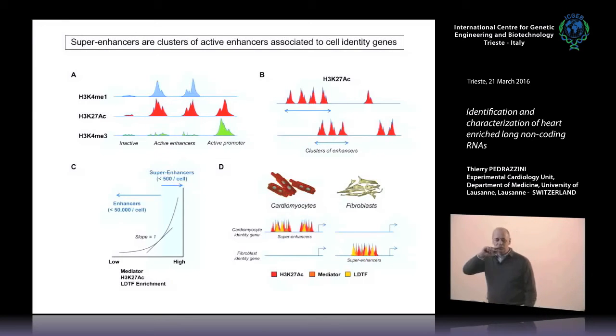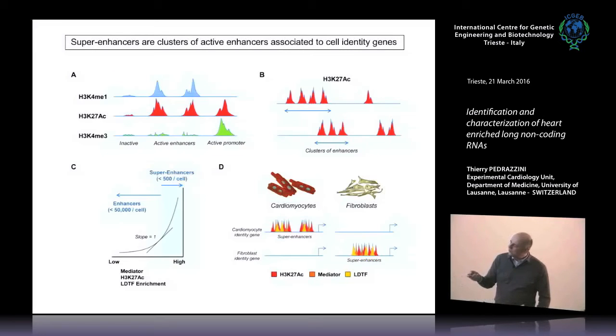Now, if you want to identify a super enhancer, what you do is study the enrichment of particular regions of the genome for lineage determining transcription factors, for instance, or the association with particular chromatin marks or other co-activators.